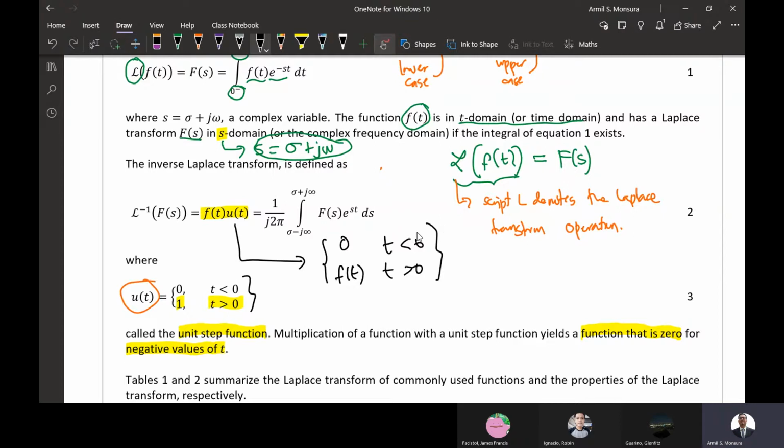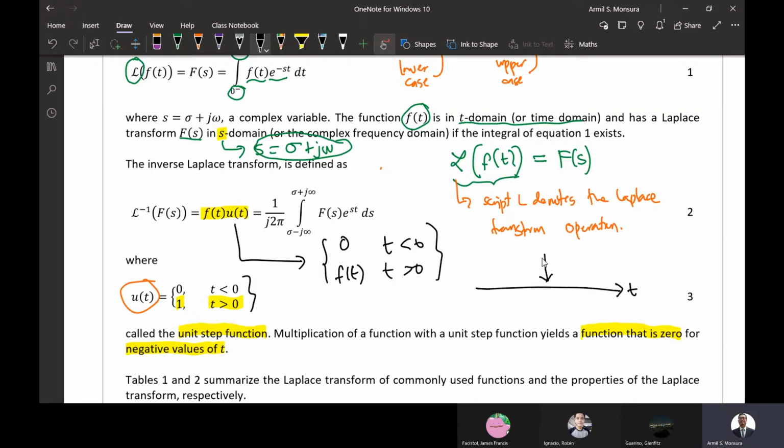In practice, what that means is, say for example, you have a machine. The moment you switch on the machine, this is time. By the way, that drawing is time.